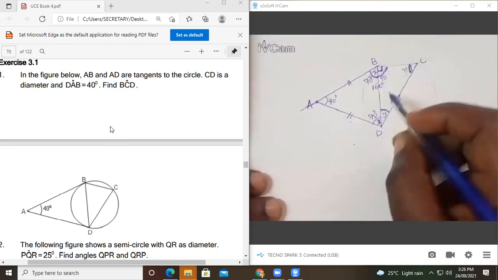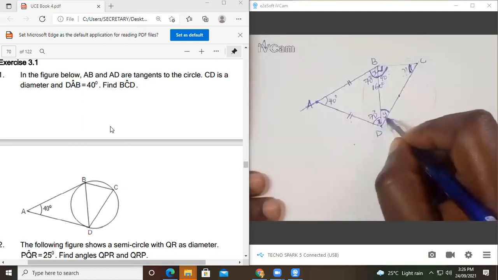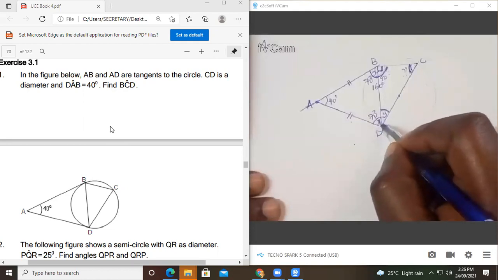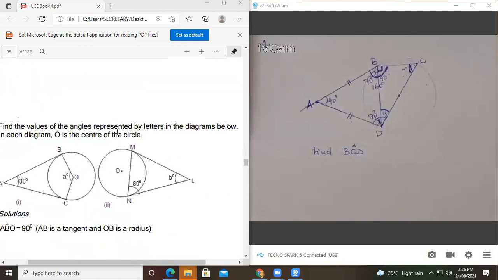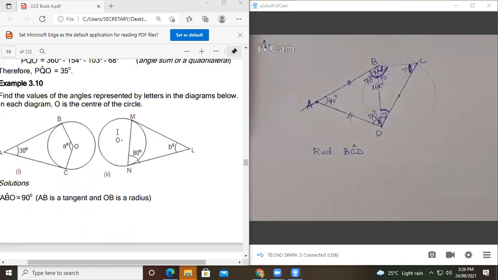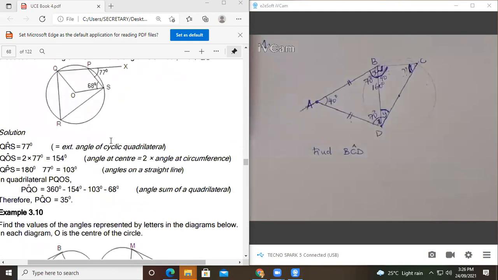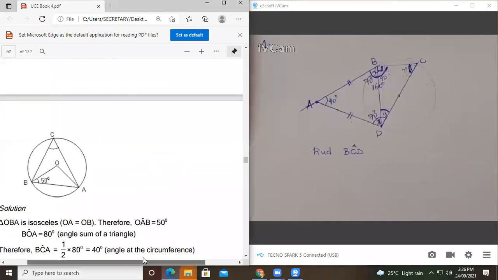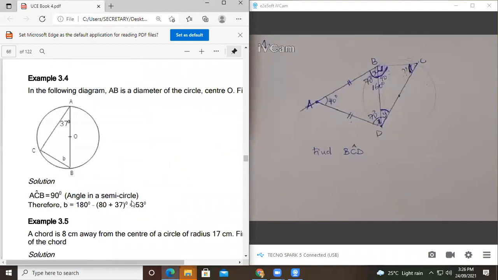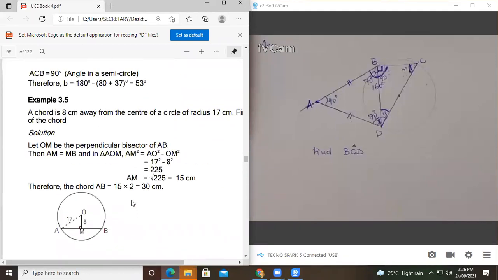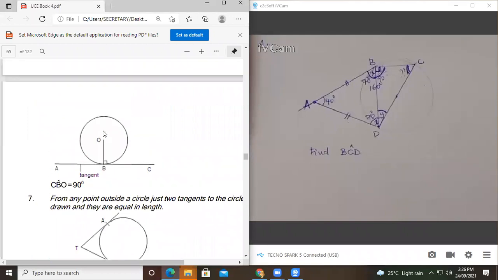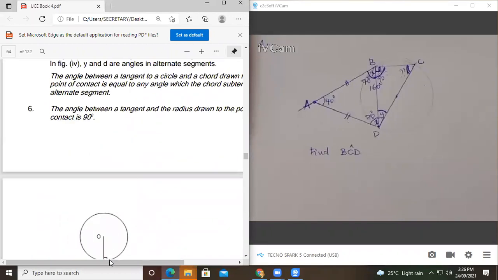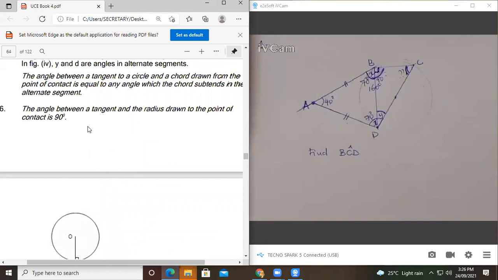So members, what you should know, what is this angle here? Let me show you this property here. Maybe you can remember, because you have forgotten. What does this one say?